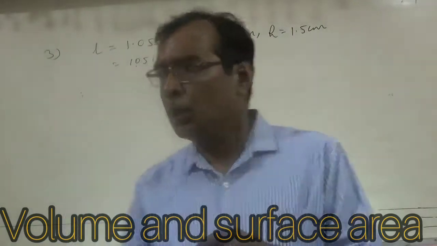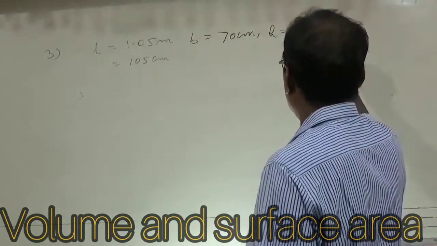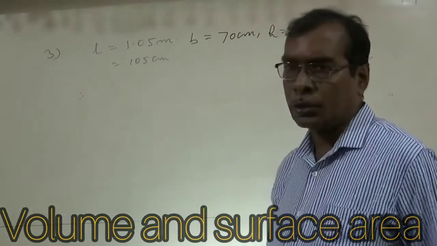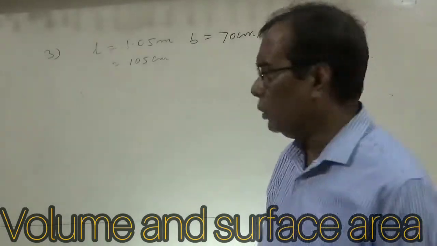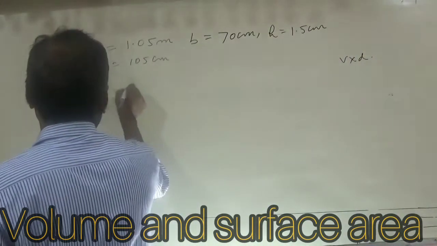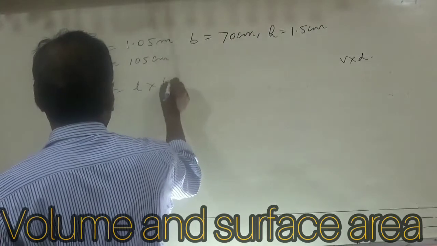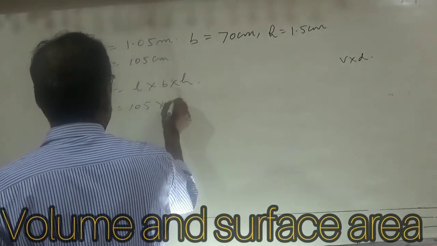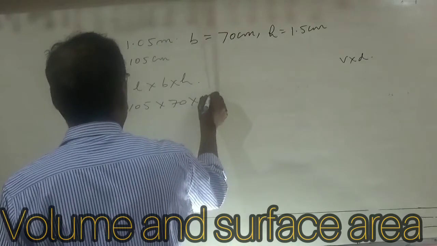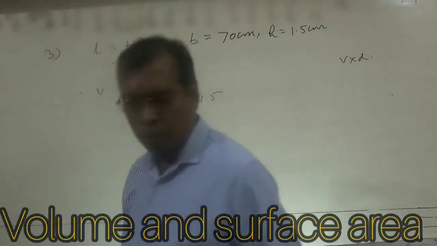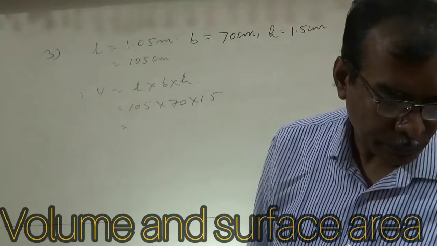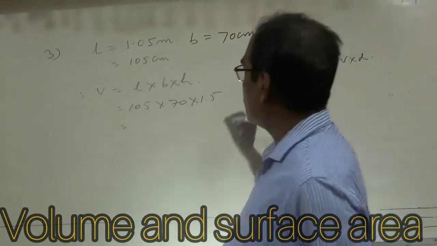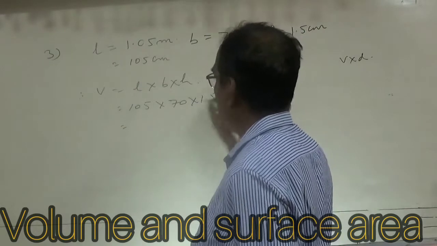Mass is equal to volume into density, that is the weight. So you have to find first of all the volume. Volume will be equal to length into breadth into height, which is equal to 105 into 70 into 1.5. Don't multiply it yet. It is centimeter cube.